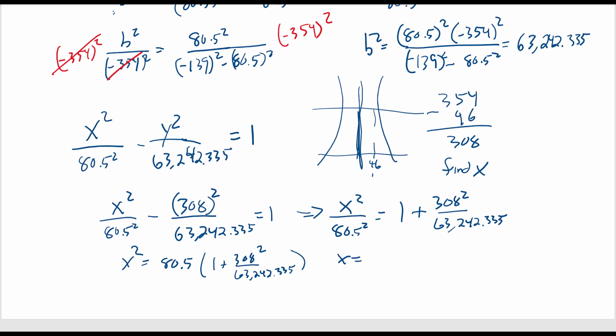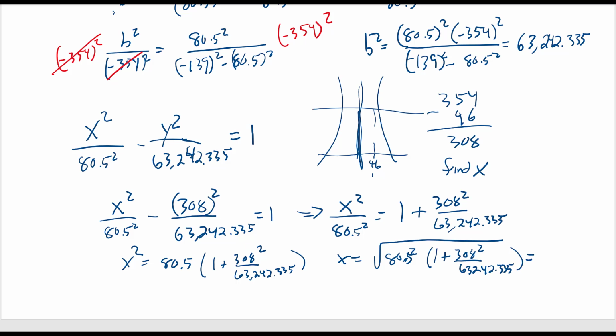So x is the square root of all this. By the way, 80.5 squared is 6480.25, times 1 plus 308 squared over 63,242.335.